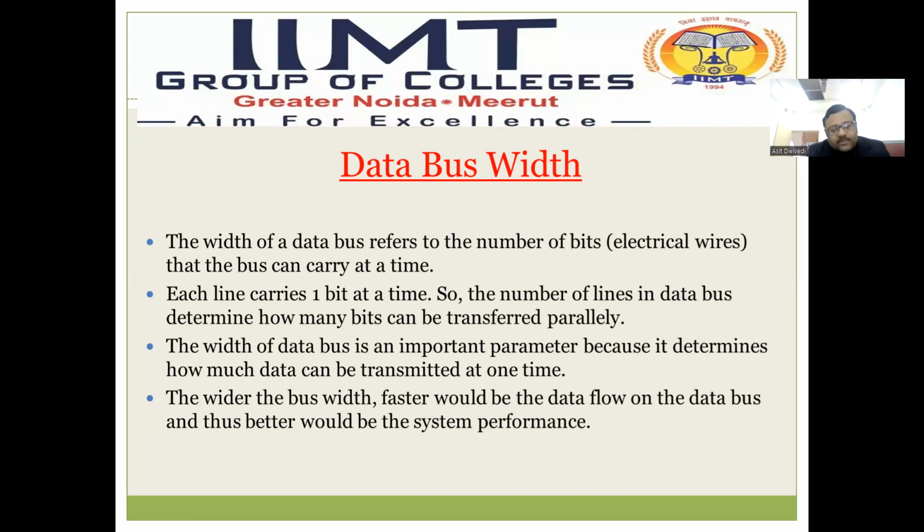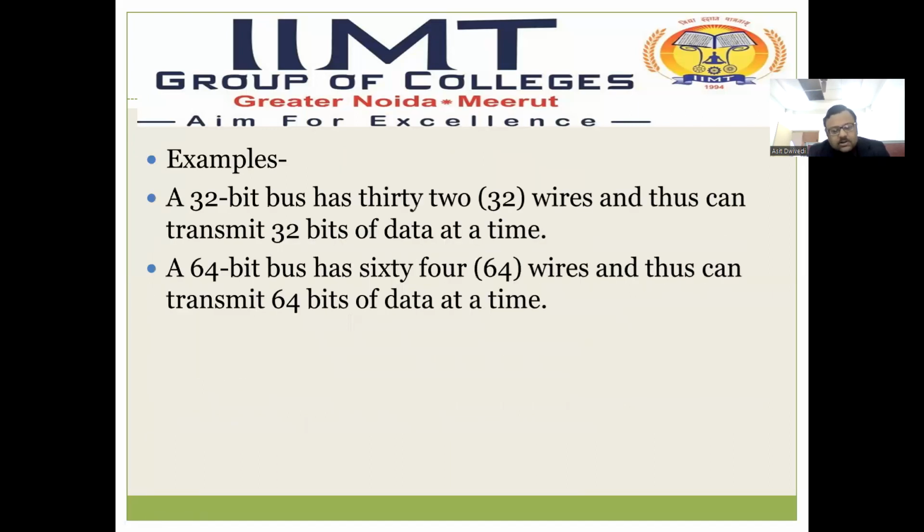The width of the data bus is an important parameter because it determines how much data can be transferred at one time. The wider the bus width, the faster the data flow on the data bus, and thus the better the system performance.